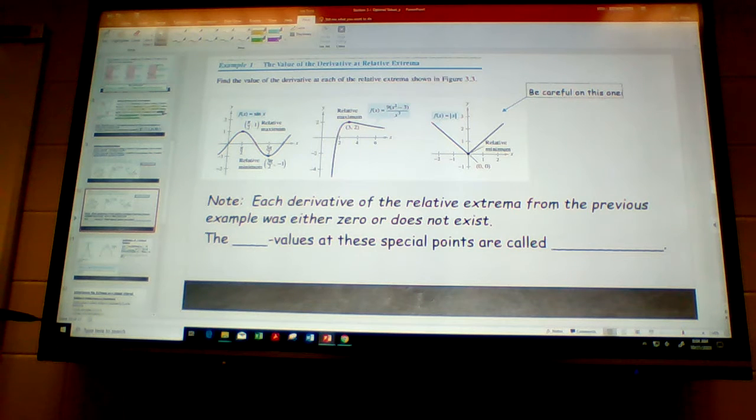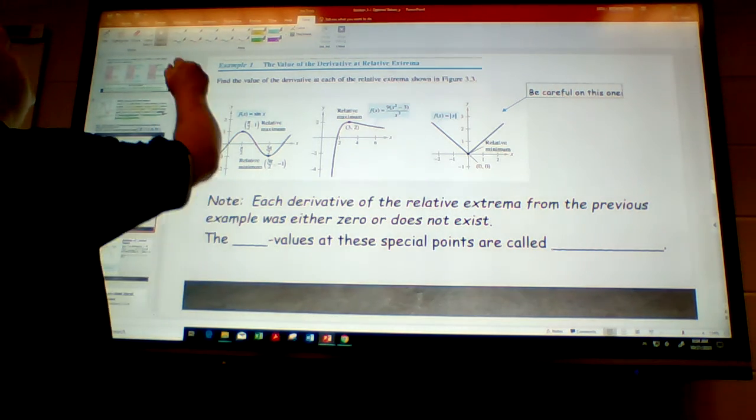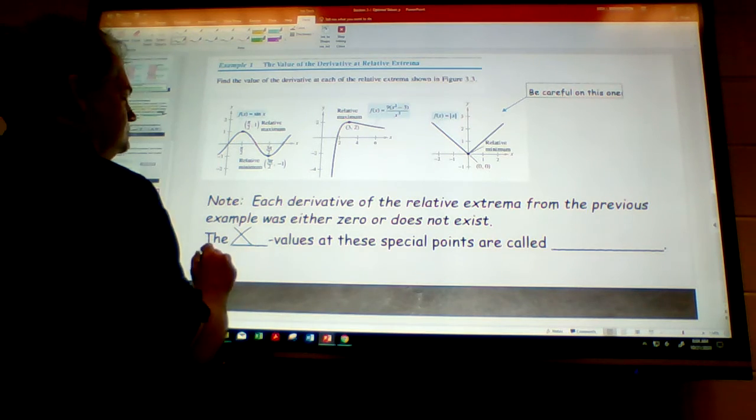All right, now, each derivative of the relative extrema from this example was either 0 or it does not exist. So the x values of these special points are what's called the critical numbers.